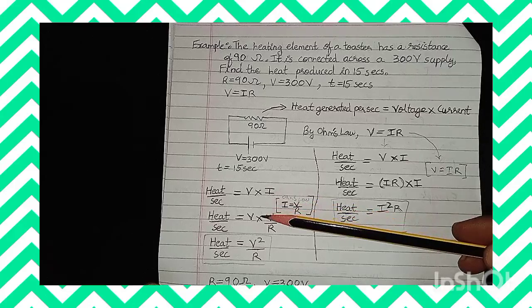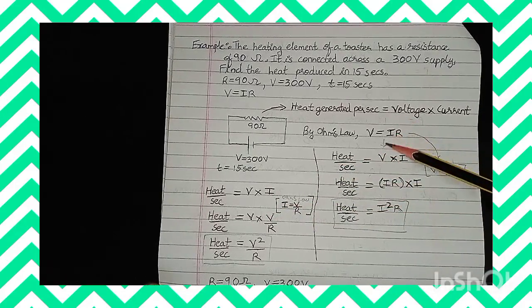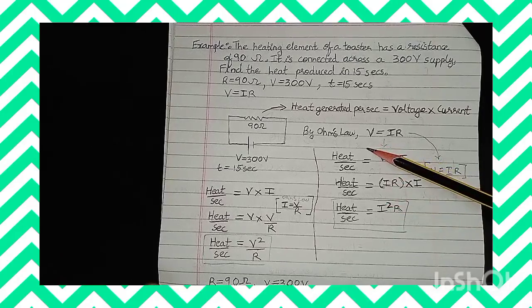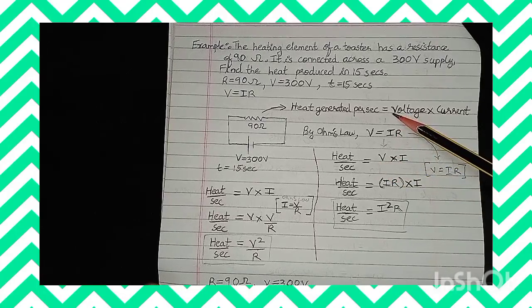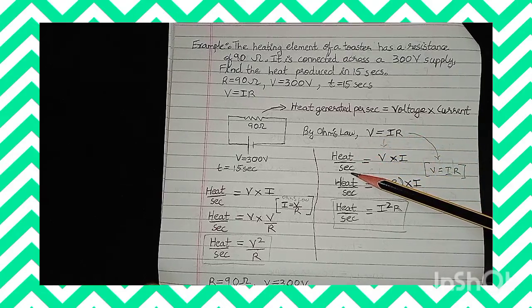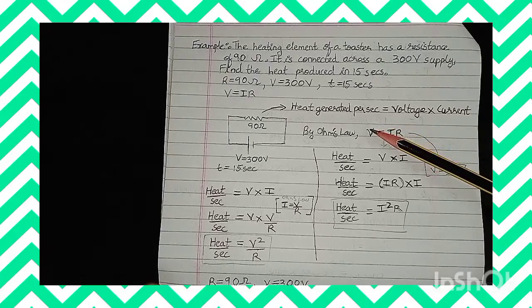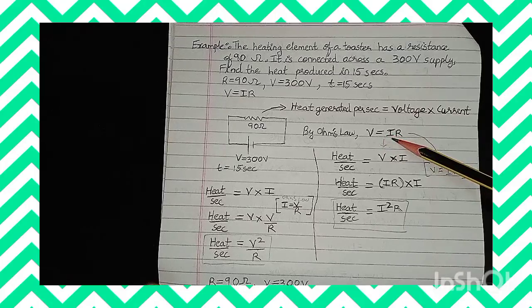I have written two methods out here. The answer will remain the same. So first method, we'll go through this method. Heat per second is equal to voltage into current. We had done that previously. So heat per second we can write as V into I. By Ohm's law, V is equal to IR.